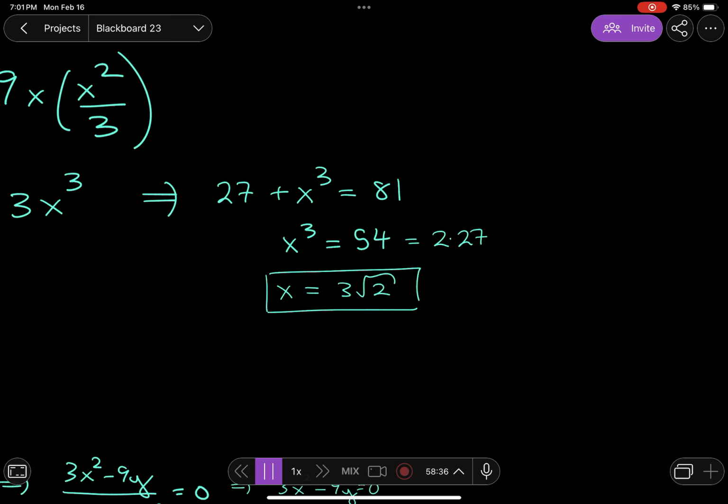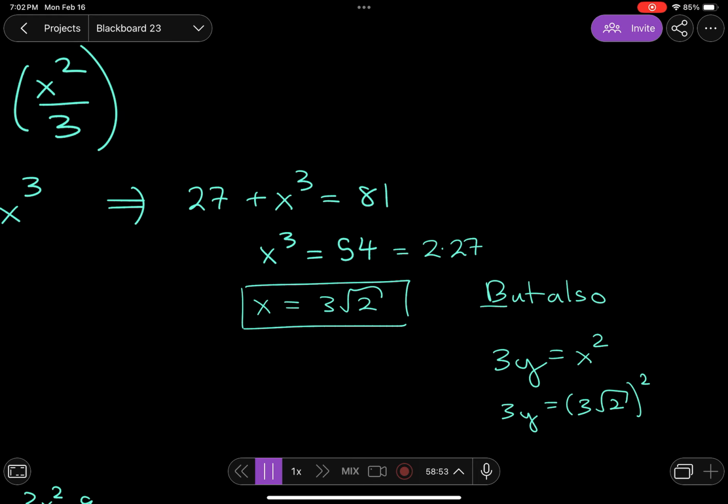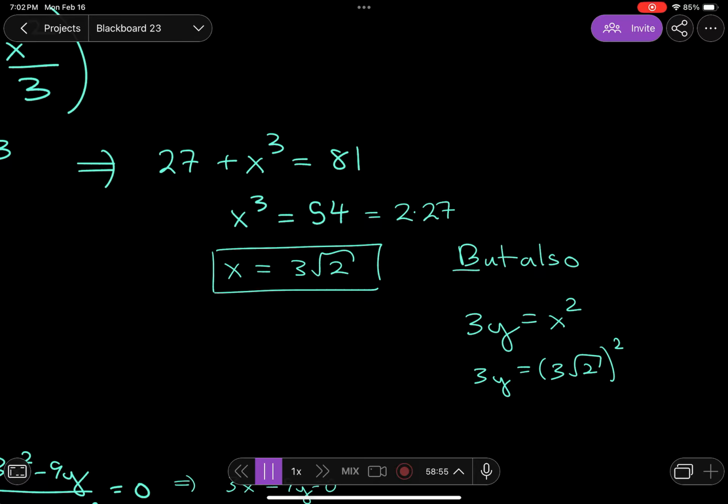Nice. And we know x is equal to 3 root 2, but 3 times y is equal to x squared, which means that 3 times y is equal to 3 root 2 squared, and y is equal to 6. Okay, I did a few steps.